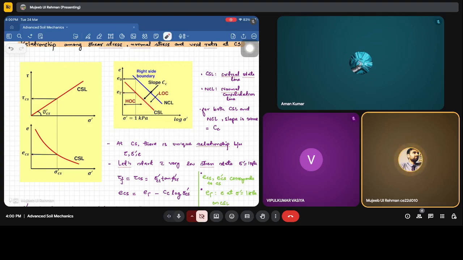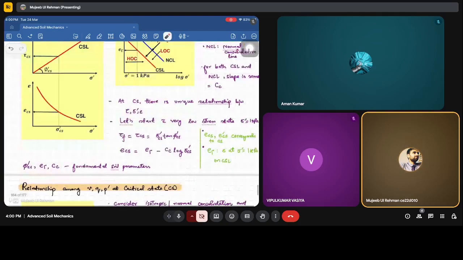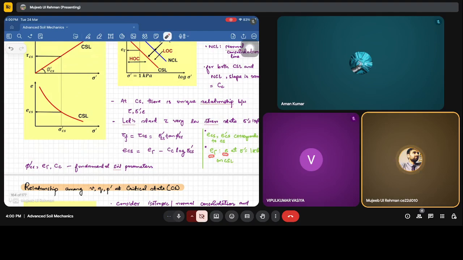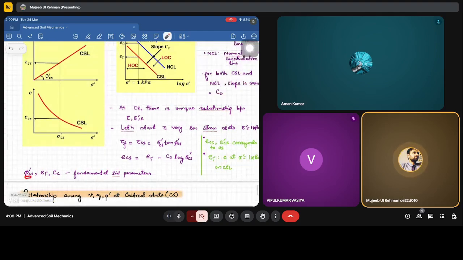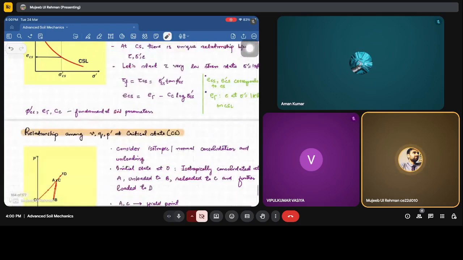So e_CS is equal to e_gamma minus Cc log of sigma dash cs, where e_gamma is the void ratio at sigma equal to 1 kPa on the critical state line. Now phi dash cs, e_gamma and Cc are the fundamental soil properties. They are not going to change.